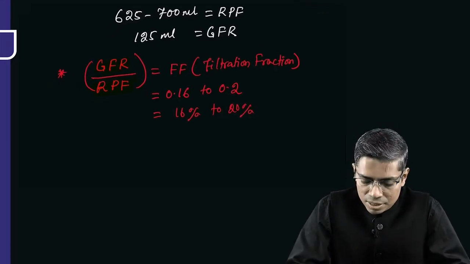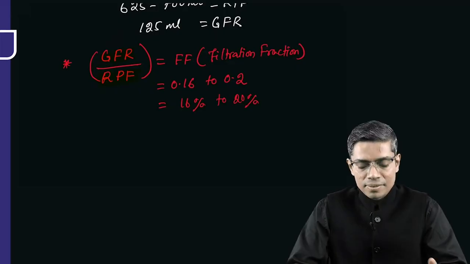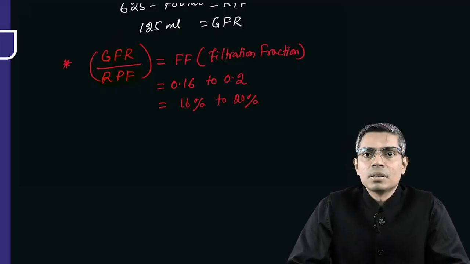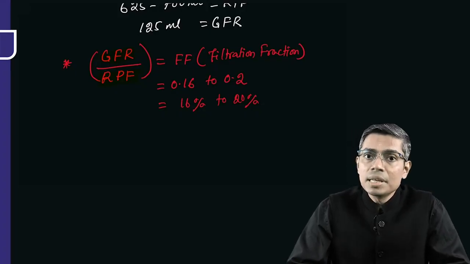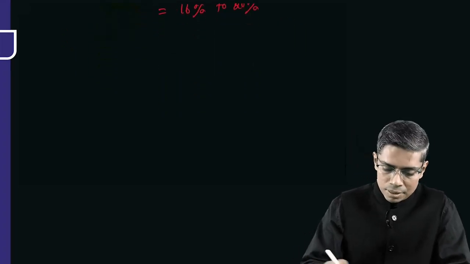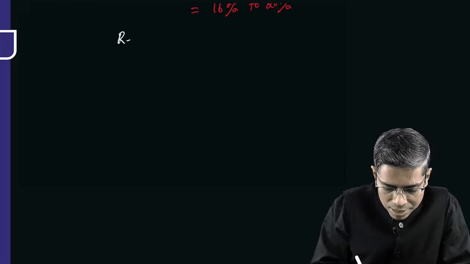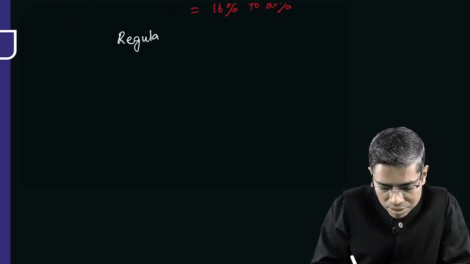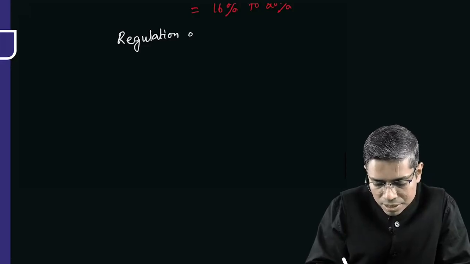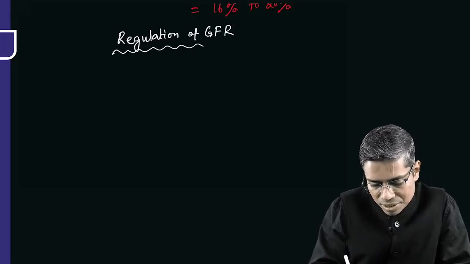Right. Now after discussion of this GFR and the factors which are determining the GFR, we have to discuss what the regulators of GFR are, meaning how the GFR is regulated. Okay. So the important topic is regulation of GFR, glomerular filtration rate.